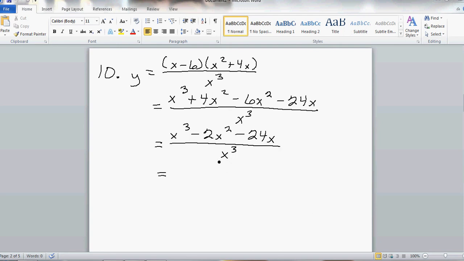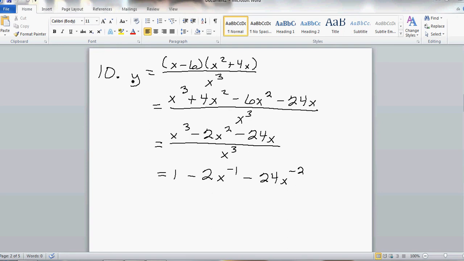Then I'm going to give the x cubed to everything. So x cubed over x cubed is 1. Minus 2x squared over x cubed is actually negative 2 over x, but that can be written as negative 2x to the negative 1. Just taking two steps at once. Minus 24x over x cubed is negative 24 over x squared, or negative 24x to the negative 2 power.